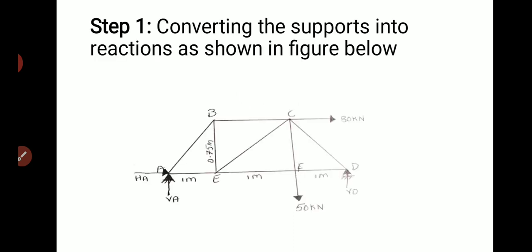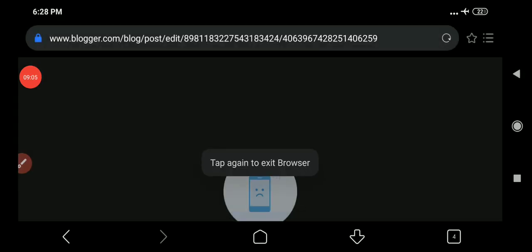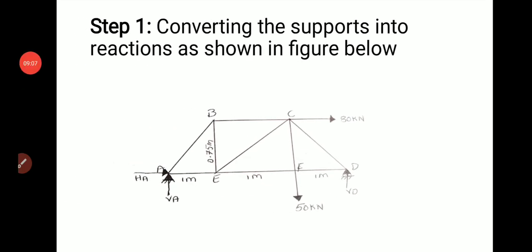So in the case of the truss given, we just count the number of members: AB, BC, CD, EF, FD, AE, EC.